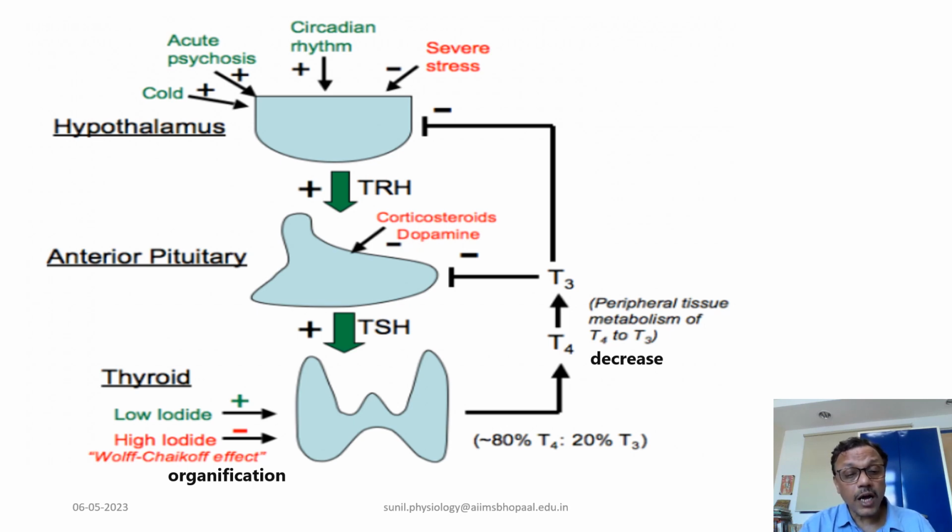Organification means iodine is converted into an oxidized form, and this oxidized iodine combines with the thyroglobulin molecules. So the organification is inhibited, thereby decreasing T3 and T4 synthesis. So a high amount of iodine will decrease T3 and T4, and this effect is known as the Wolff-Chaikoff effect.